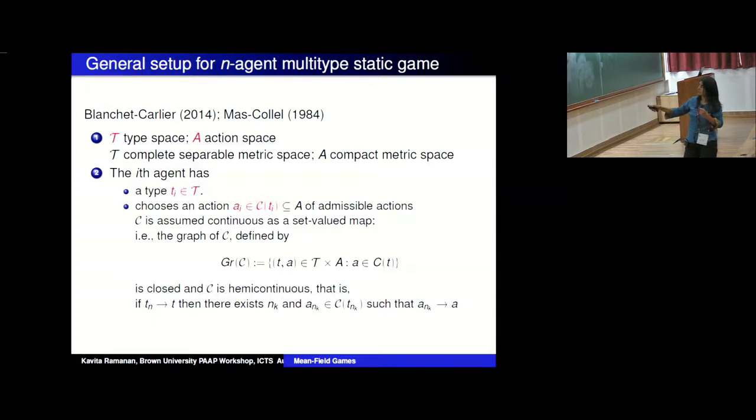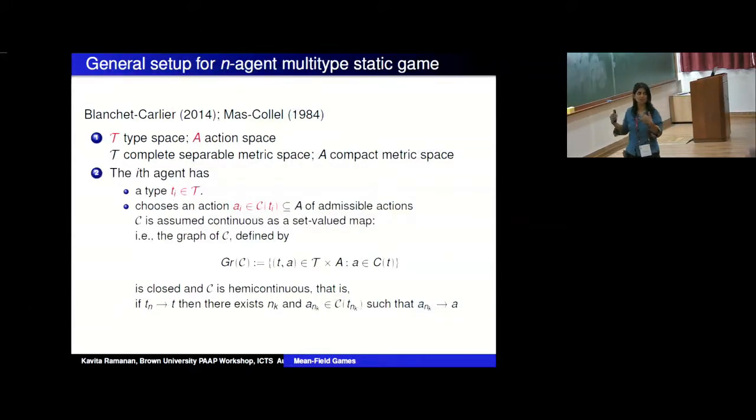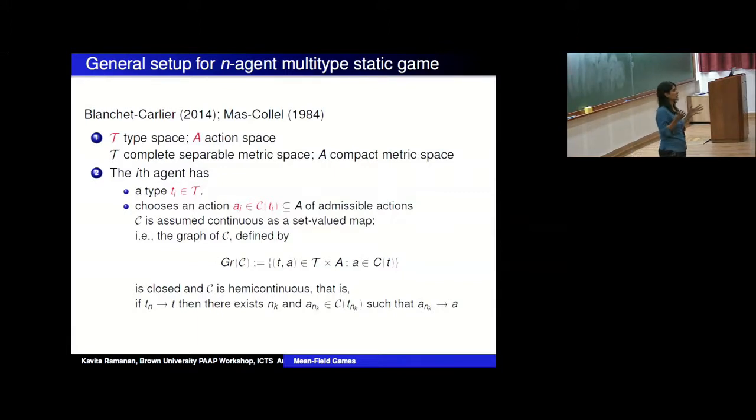It's a set-valued map, and we assume that it is continuous as a set-valued map, which simply means that the graph is closed, and the set-valued map is hemicontinuous. That means that if you have a sequence of types that converge to another type, then there exists some action such that the actions will converge along some subsequence. Those are just some technical conditions, which people often call continuity of a set-valued map.